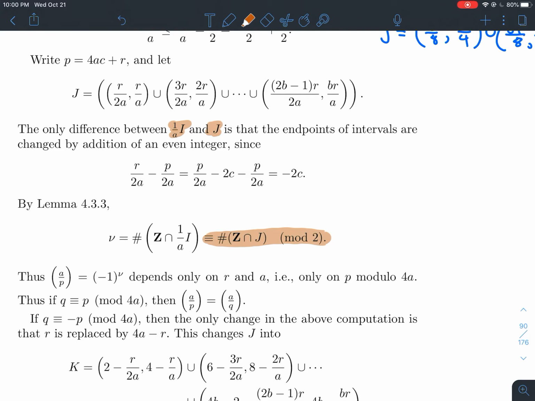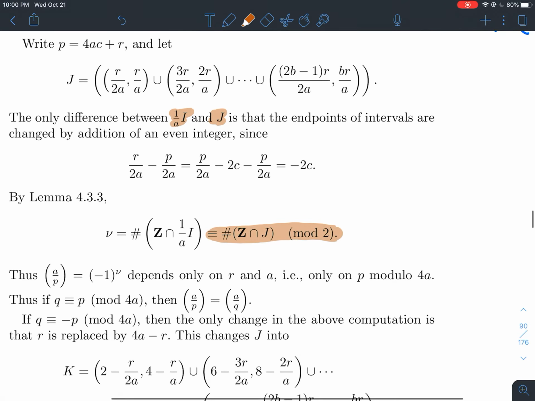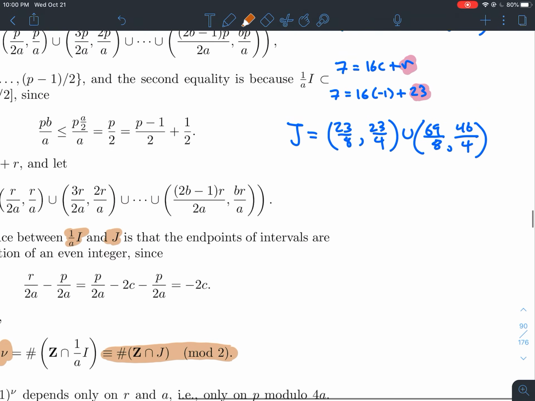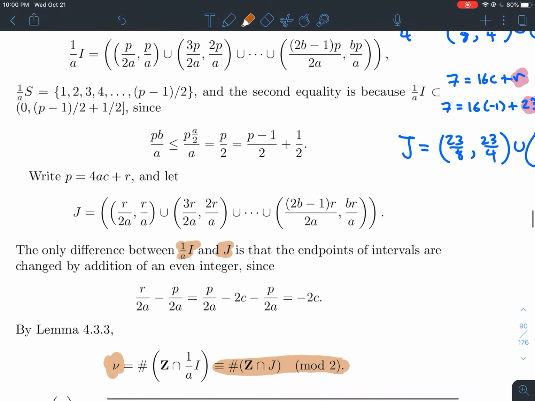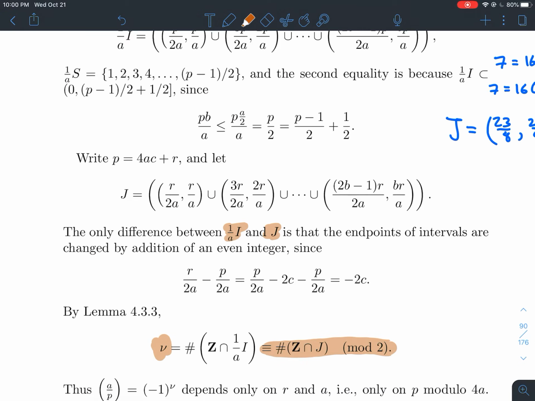What that does for me is it tells me that the exponent nu depended on a, and it also depended on the r that I had. And in particular, because I wrote p as 4ac plus r, the parity of the cardinality of that set only depends on p mod 4a, right?